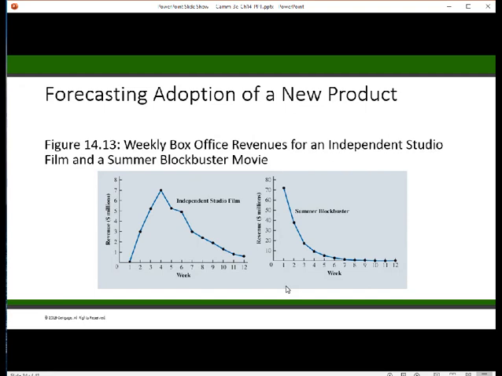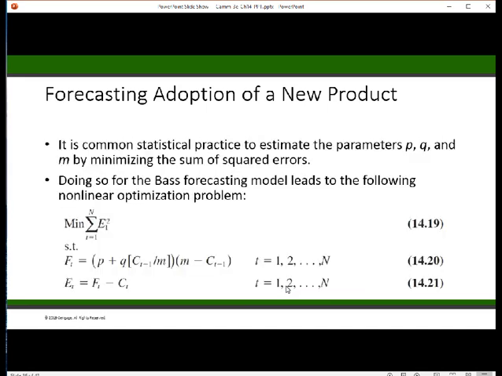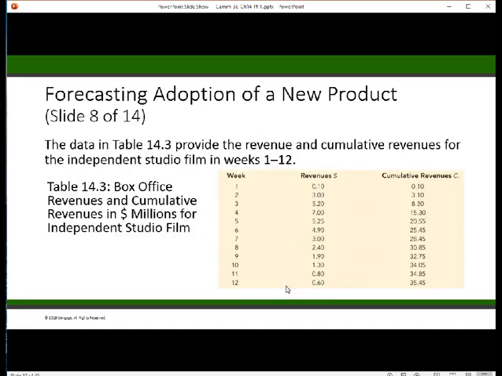It starts gradually increasing over time, and then it reaches the point where it begins that same type of semi-exponential drop in sales like the blockbuster after it reaches a point where it's saturated and people know about it.